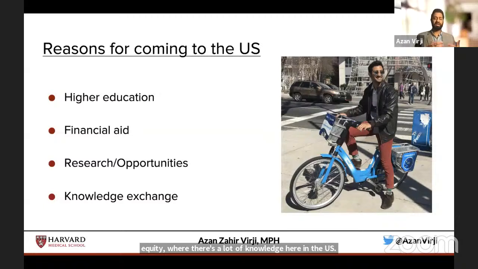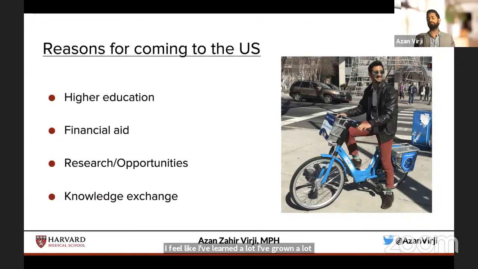There's a lot of research that's happening, and there's a lot of things that are being discovered, but that information is not making its way to other countries, such as my home country of Tanzania. So I really saw it as an opportunity to be a bridge between the two countries, and be able to take some of that knowledge and go home and implement it. So that was one of the other reasons that I thought coming to the US was a good idea. And overall, it's paid off. It's been such a great experience. I feel like I've learned a lot, I've grown a lot.